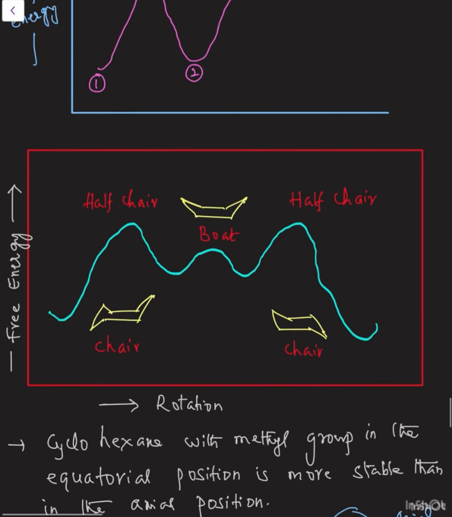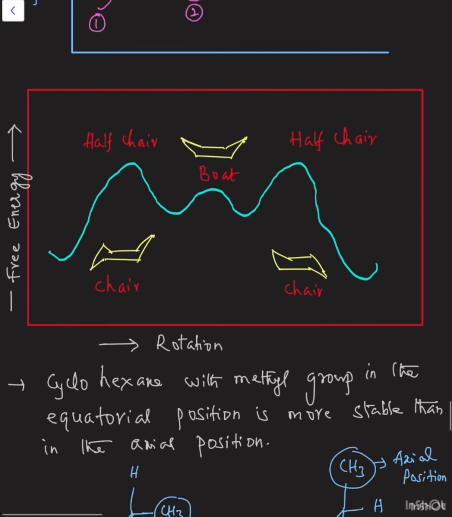Next, the same thing I have given here also. Free energy versus rotation: if you plot a graph, the chair form is having the least energy and the half chair form is having the highest energy. In any way we can represent the chair form, and this is the boat form.